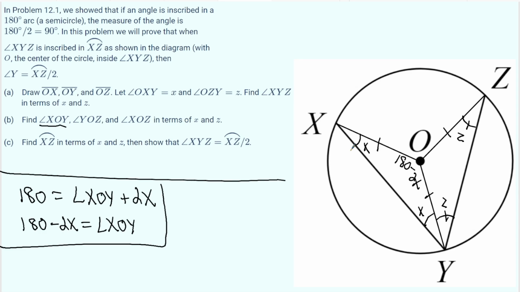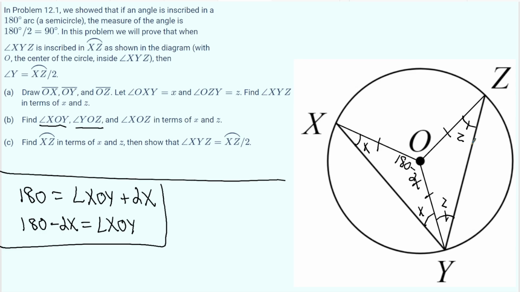Okay, now we want to find an expression for angle YOZ. Well, same process, right? YOZ is this angle right here, the third angle of our isosceles triangle ZOY. We know the other two angles are in terms of lowercase z. So same thing's going to happen.